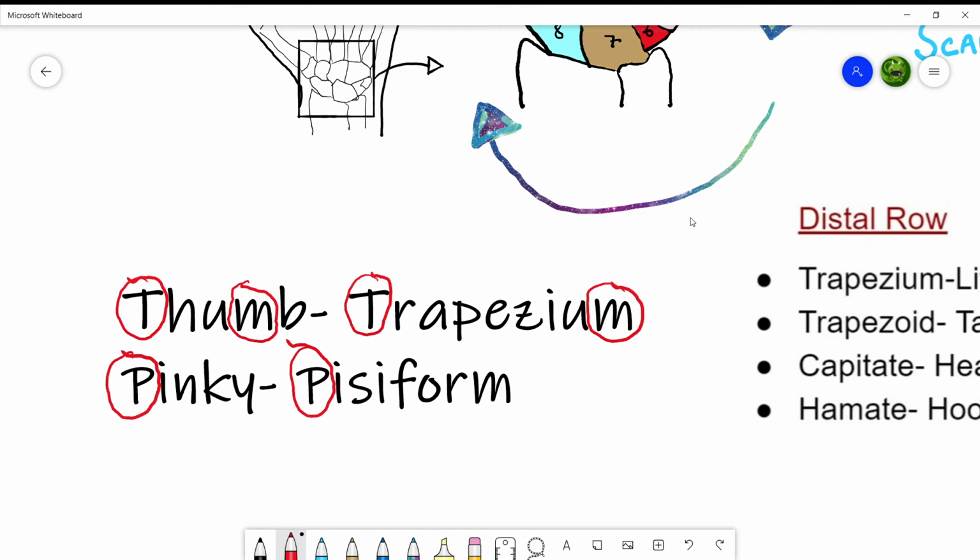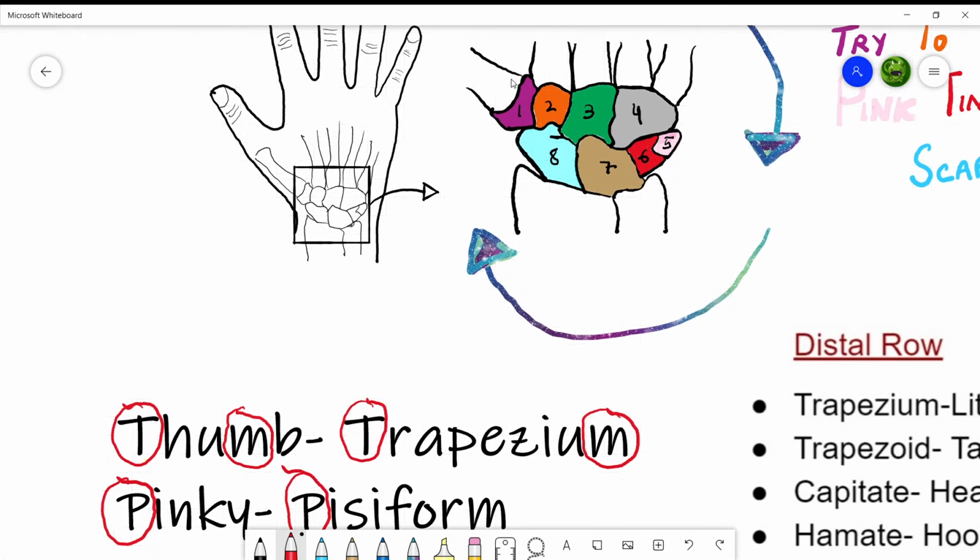As I said, I will go from the thumb side to the little finger side, right? So there are 4 bones in each row. Now comes the proximal row. The proximal row is starting with this little P-shaped bone called pisiform bone, right?